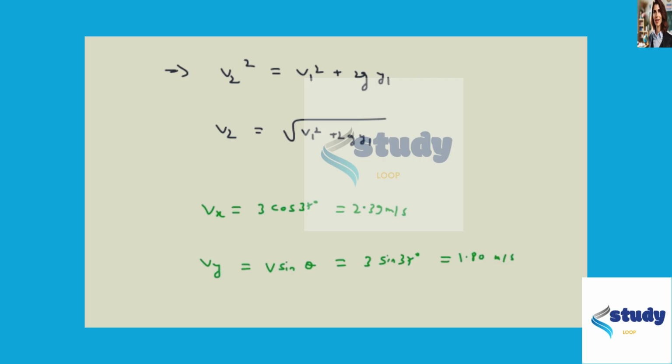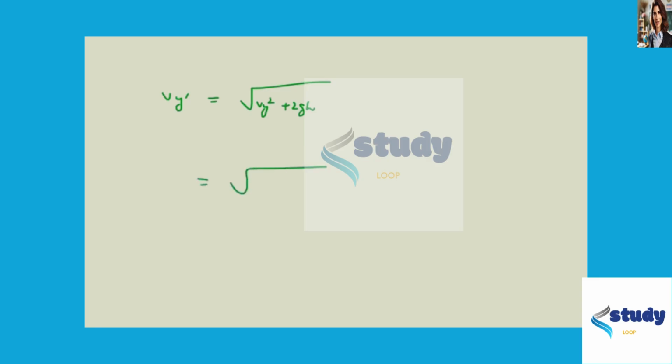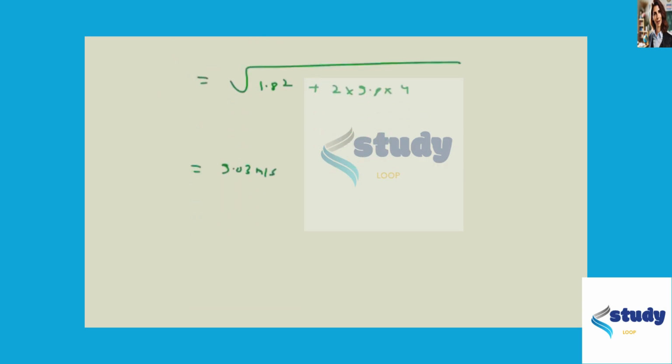Now you can write the expression for the calculation of final velocity as Vy dash is equal to under root Vy square plus 2gh, which is equal to under root 1.8 square plus 2 multiplication 9.8 multiplication 4, that is equal to 9.03 meter per second.